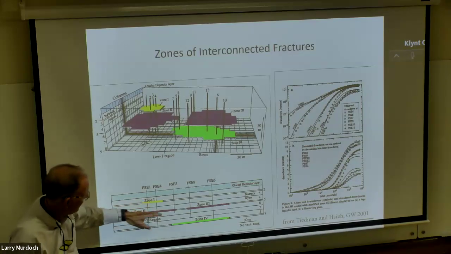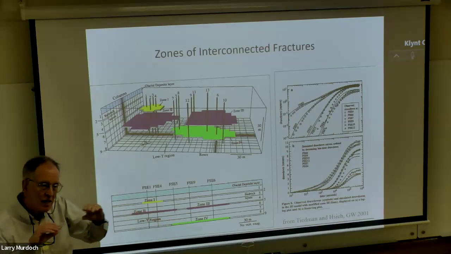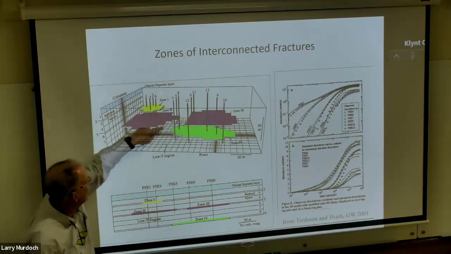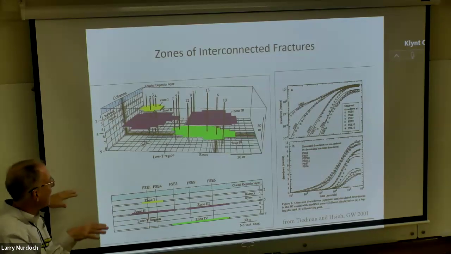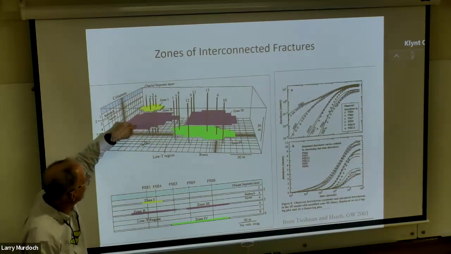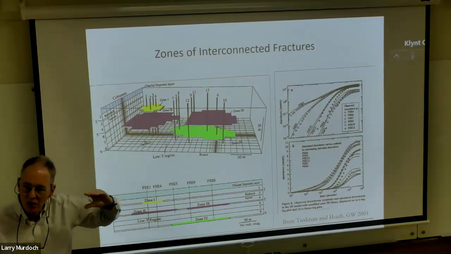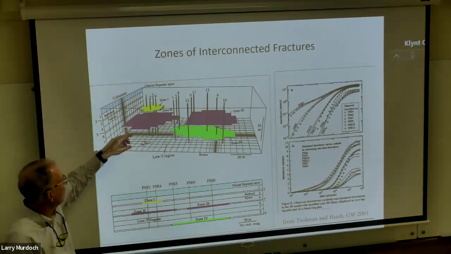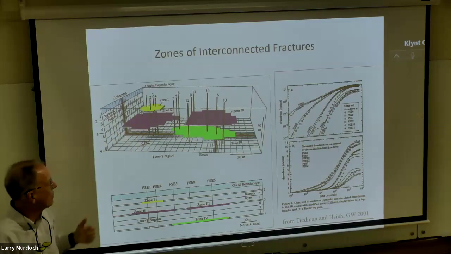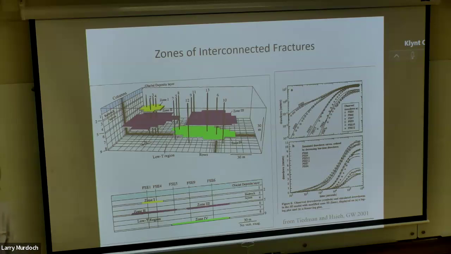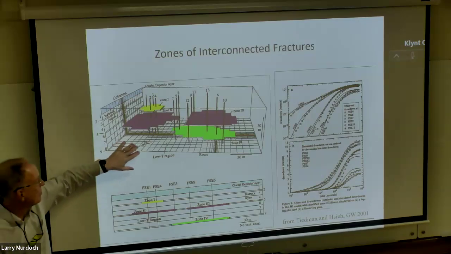So there are these different interconnected fracture zones that are discrete and have boundaries out here. They're interconnected within here. So this is like an isolated aquifer that is intersected by these wells. So that's going to have important implications for how contaminants move through, how a well will perform when it intersects this kind of a permeable zone.